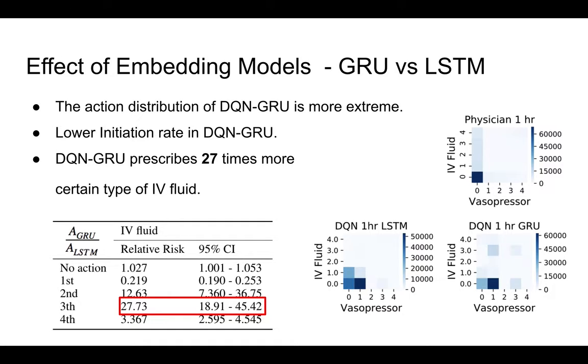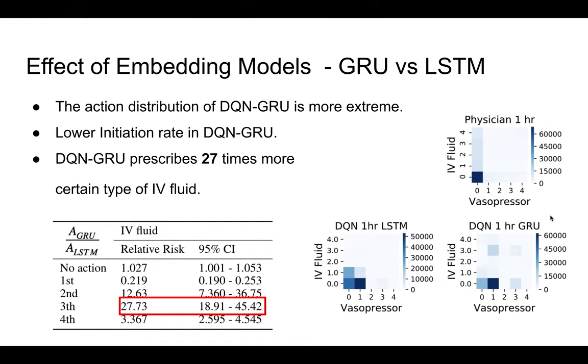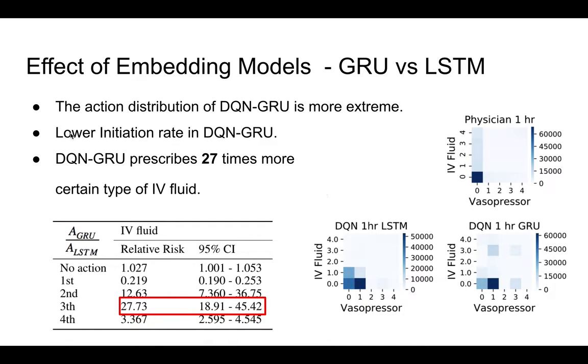So in this analysis, we experiment with two commonly used recurrent embedding models. One is GRU, the other is our baseline LSTM. Our result shows that the action distribution of the DQN trained with the GRU is much more spread out and more extreme. The DQN with GRU also demonstrates a lower initiating rate compared to the DQN trained with LSTM.